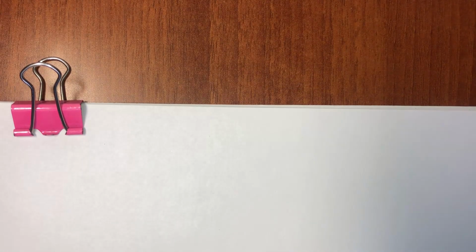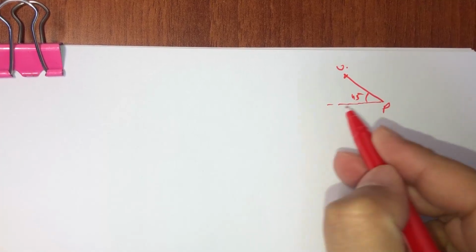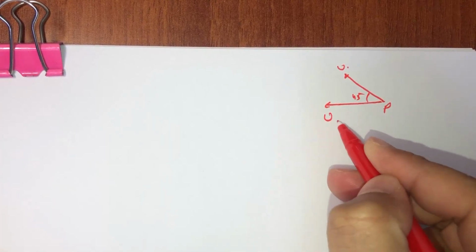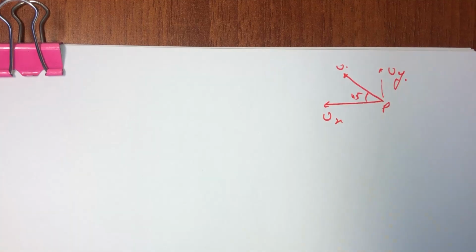And we are given that the velocity of the pebble is at an angle of 45 degrees with the horizontal. So this is our horizontal, and we have a velocity v. We can divide it at an angle of 45 degrees. This is point P. So we can call this v of x, and this v of y.